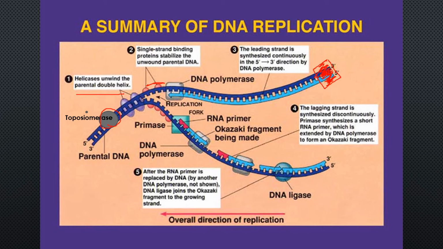On the lagging strand, DNA is synthesized discontinuously, or in fragments called Okazaki fragments. And remember, each time that we start our replication, we have RNA primers. So there are several put along here. And the DNA polymerase is acting to synthesize in the 5' to 3' direction.